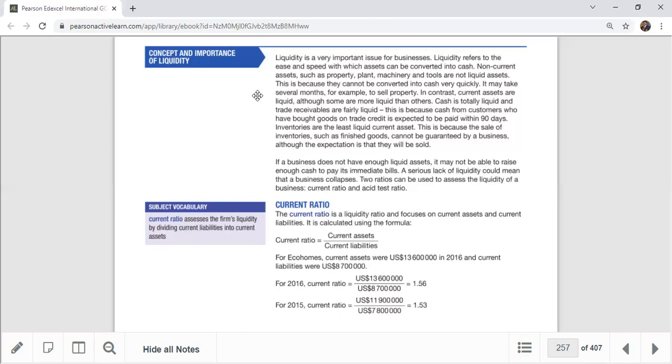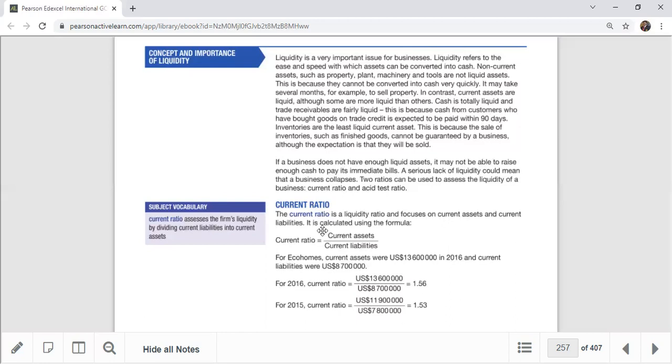In this case, normally we talk about two liquidity ratios to calculate. The first one is the current ratio and the second one is the acid test ratio, or quick ratio. Current ratio, this is the definition: the current ratio assesses the firm's liquidity by dividing current assets by current liabilities.